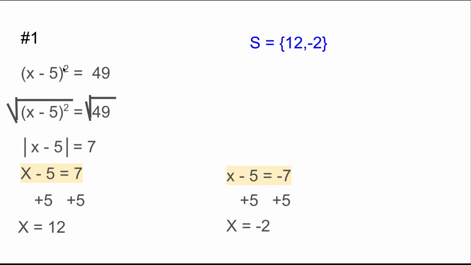Negative 7 squared is 49. And so that is why after you take the square root of a squared number, you have to put those numbers in absolute value. Then you know that your solution is either going to be positive or negative. It could be either one.